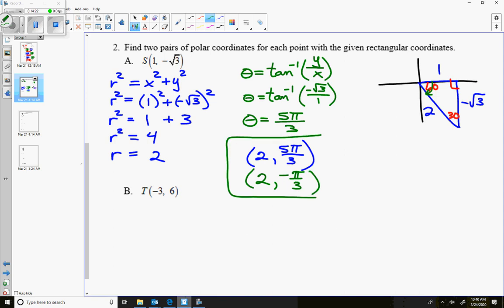So I would do those, but just to be clear, we could have just as easily gone clockwise here and walked backwards, so our radius would have been negative 2, or we could have gone counterclockwise, or we could have gone clockwise this direction and also walked backwards. So there's still a couple more answers that could be used.